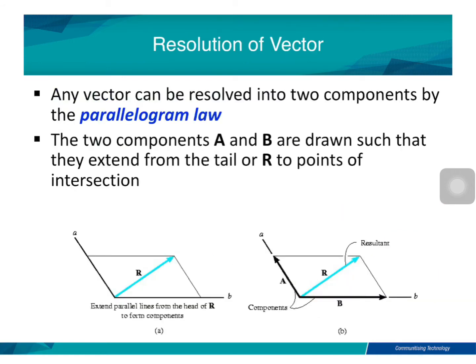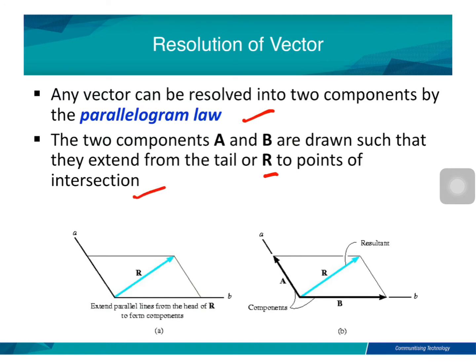Okay, so what is the resolution of a vector? Any vector can be resolved into two components by the par law. And then the two components A and B are drawn such that they extend from the tail of R to the point of intersection.